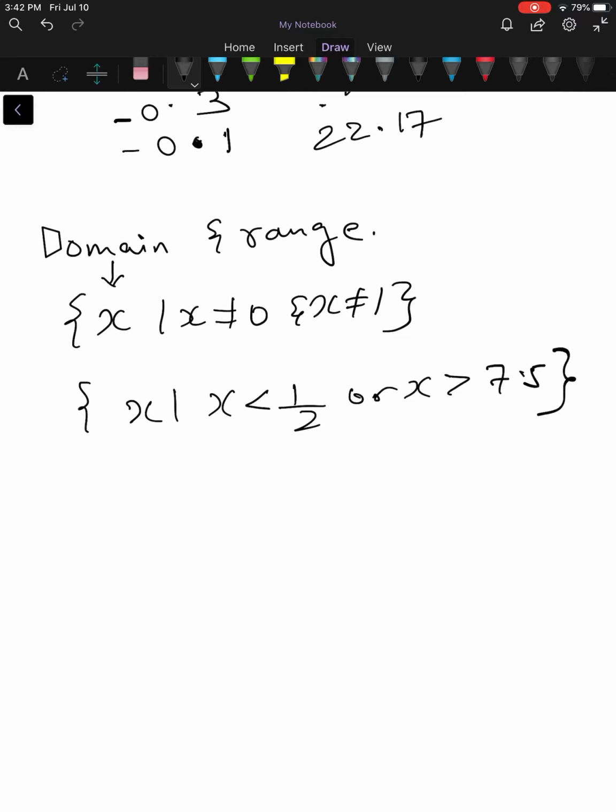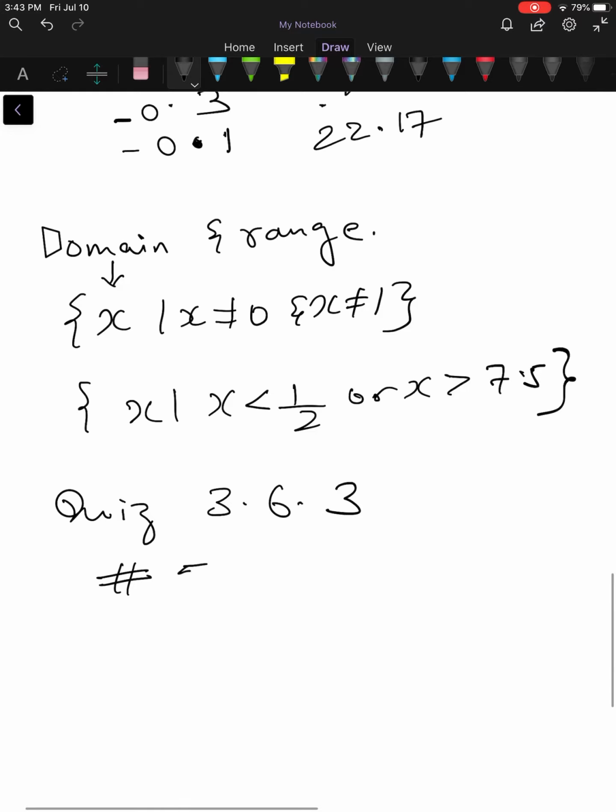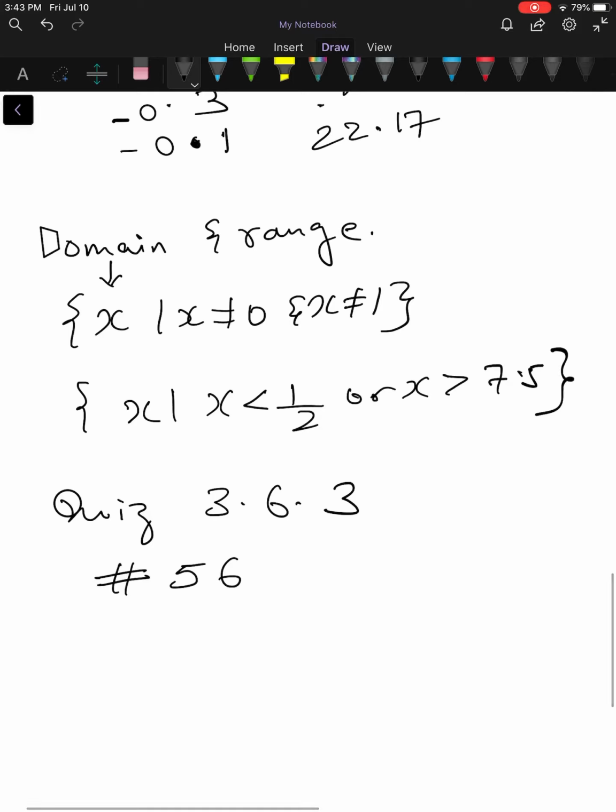Let me give you a quiz problem. This would be quiz 3.6.3. It is question number 56 of the book. Please follow question number 56.